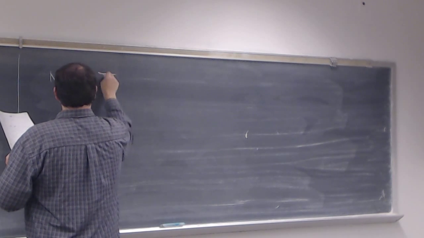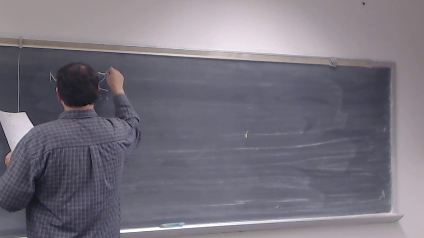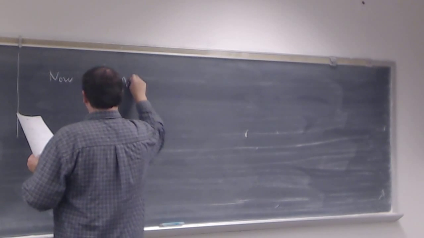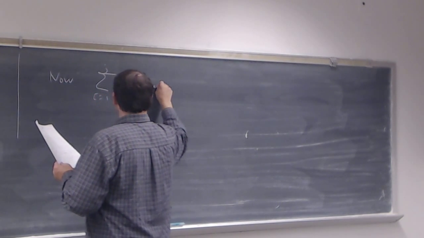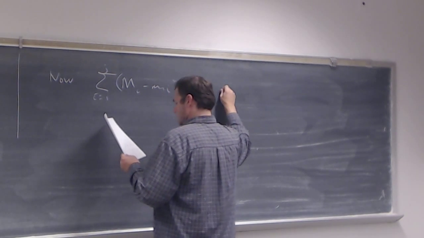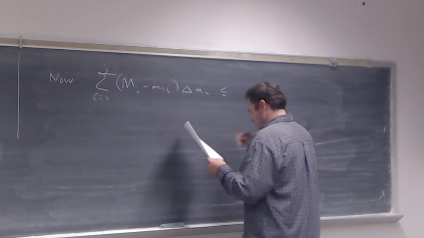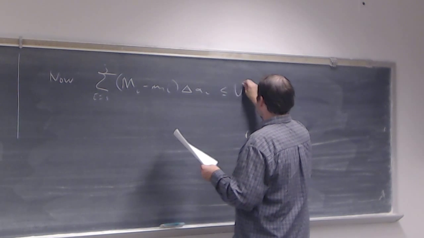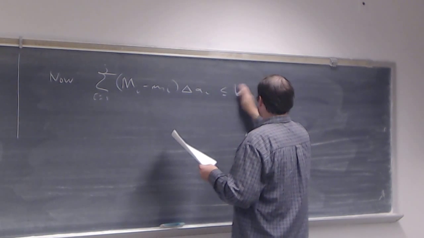Now, the sum, as I runs from 1 to j, of M sub I minus little m sub I, delta alpha sub I, of course that's going to be less than or equal to this, let me write it down here.